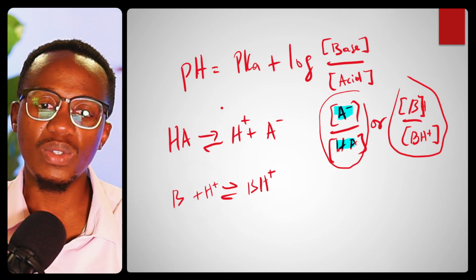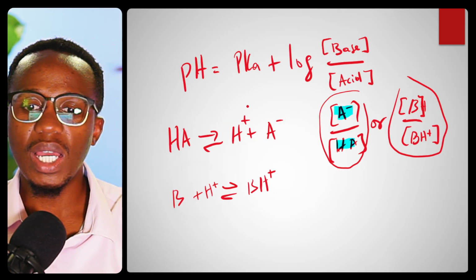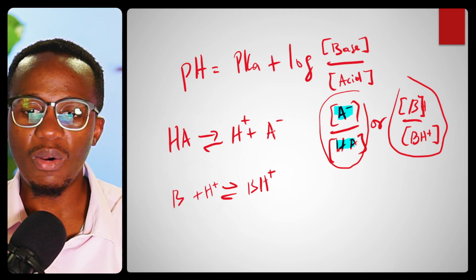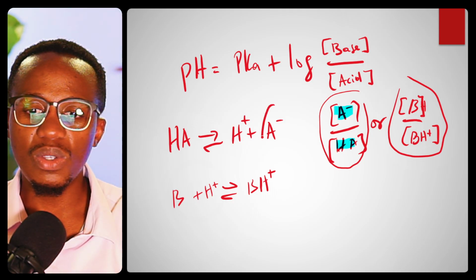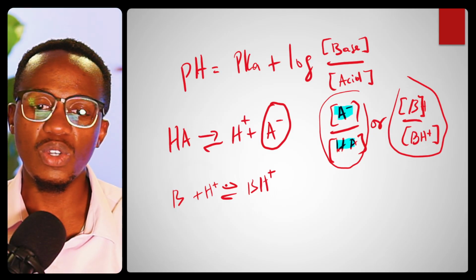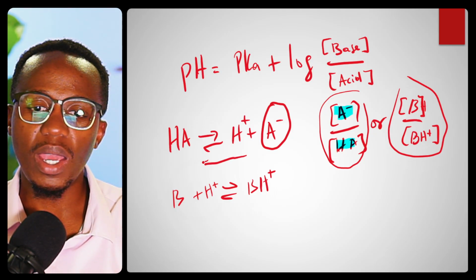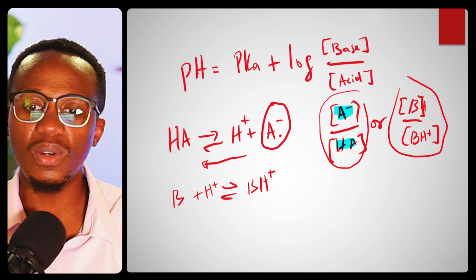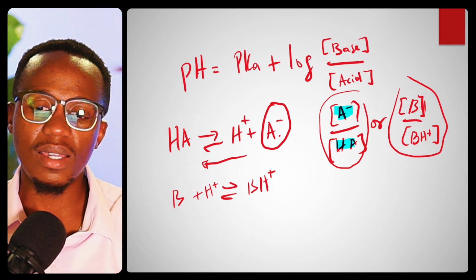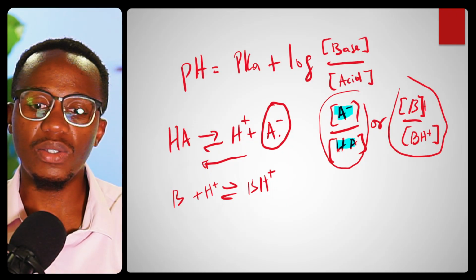To counteract that acid, we are going to use up our base side. So we're going to go that way, meaning that this is going to go down and this is going to go up. That is the second lesson that everybody needs to know.